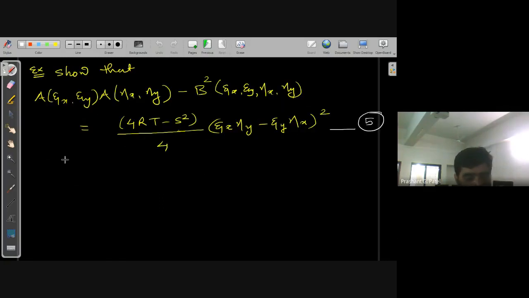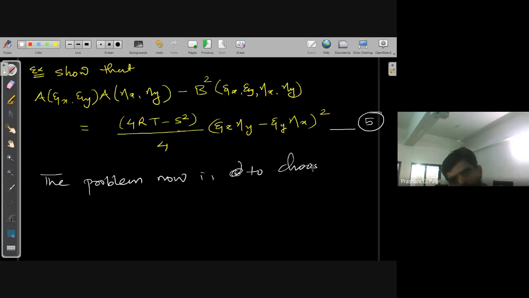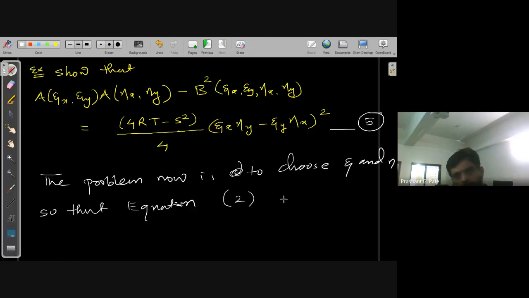That means the problem now is to choose xi and eta so that the equation 2 takes a simple form.